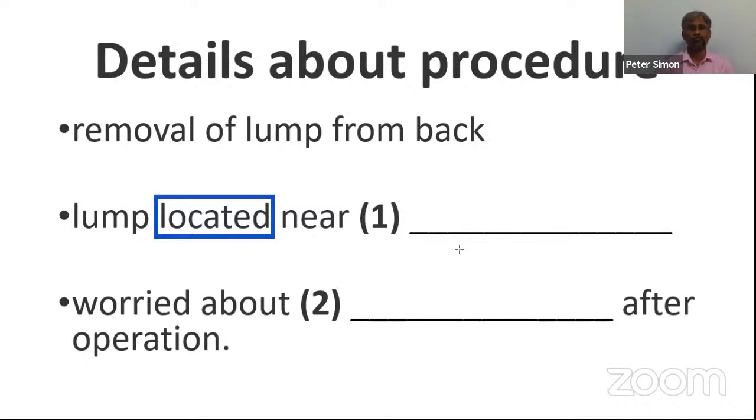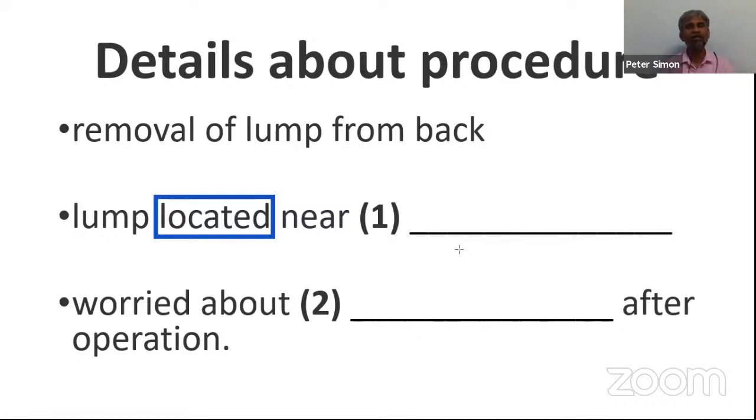So location. Removal of lump from back. Location, that's all. Lump located near. If you give one word, it is location. So it is talking about the location, where it is situated, where it is occurring.